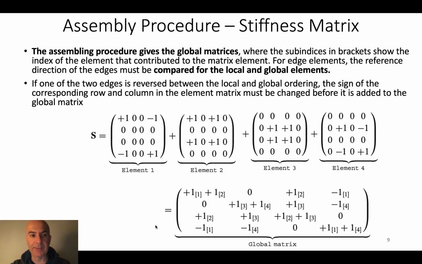Obtaining the global stiffness matrices from all the assembly procedure of the elements. So here, these are the ones, and then in the square bracket, we put which element gives the contribution. So for this entry here, we take one from here and one from here. So it's one and one from the first element and one from the second element.